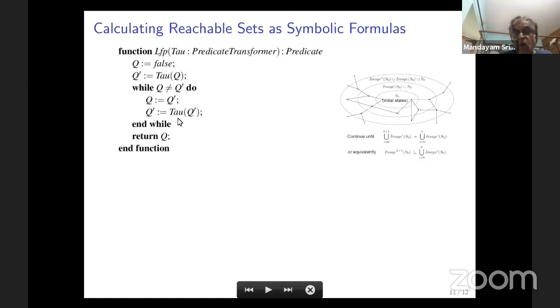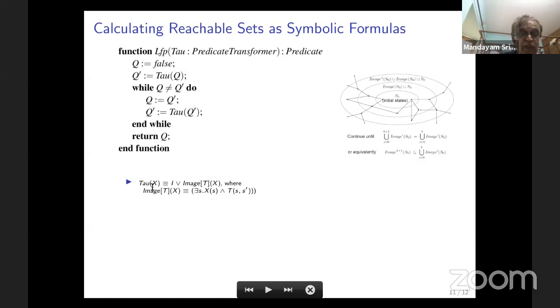So you can view computing the transitive closure as a fixed point of a higher order function. It's a higher order function because it is transforming formulas into another formula. So these are functions over formulas, functions over sets. Okay? So for example, this is what I've shown here. There's a reason why it is called LFP, because it computes the fixed point, and it turns out in certain cases this is guaranteed to be the least fixed point, which is what we are looking for.